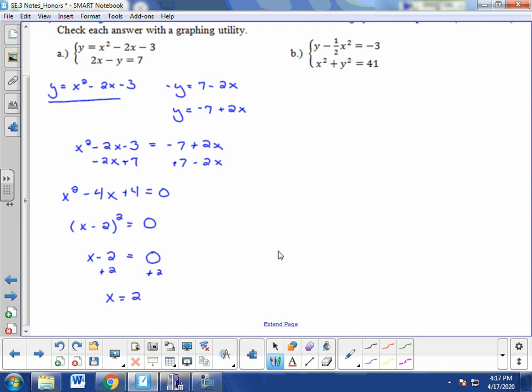Now remember, we are solving for both x and y, so part of my solution is that x equals 2. The other part of my solution is y. I can figure out y by taking this 2 and substituting it back in. So this expression would be y equals negative 7 plus 2 times 2.